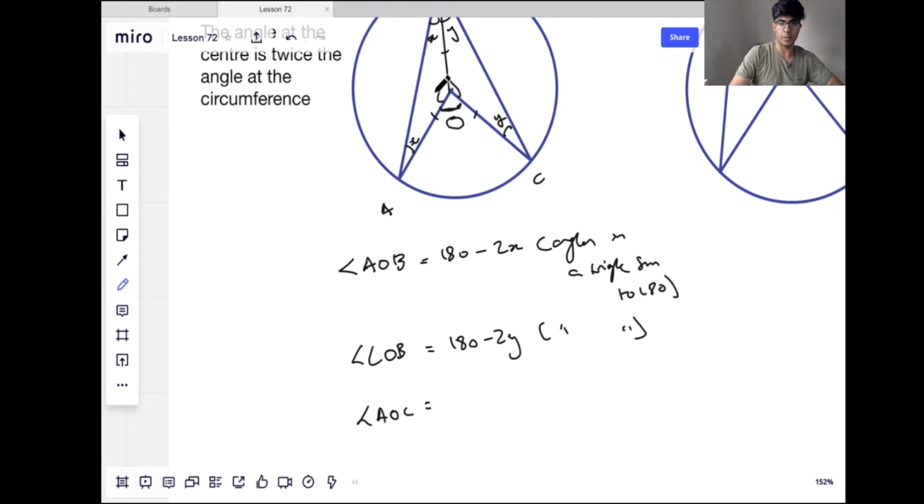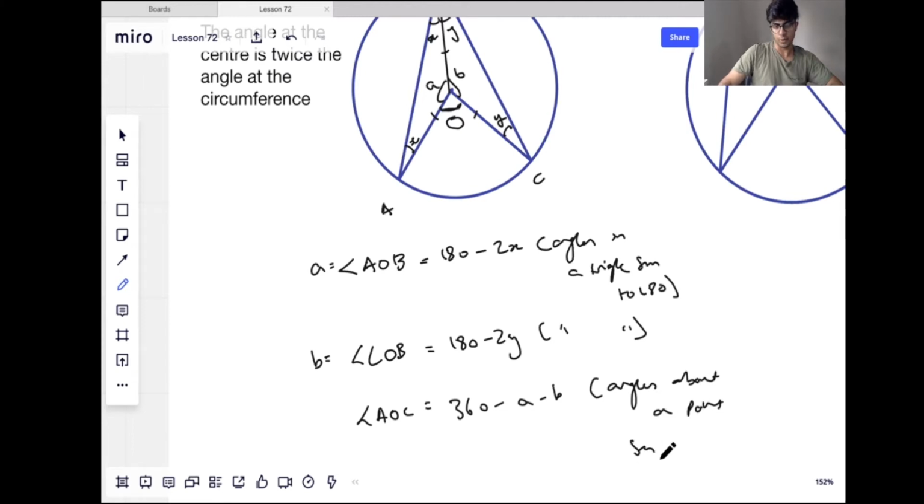So if we label these angles A and B, then AOC is equal to 360 minus A minus B, because angles about a point sum to 360.